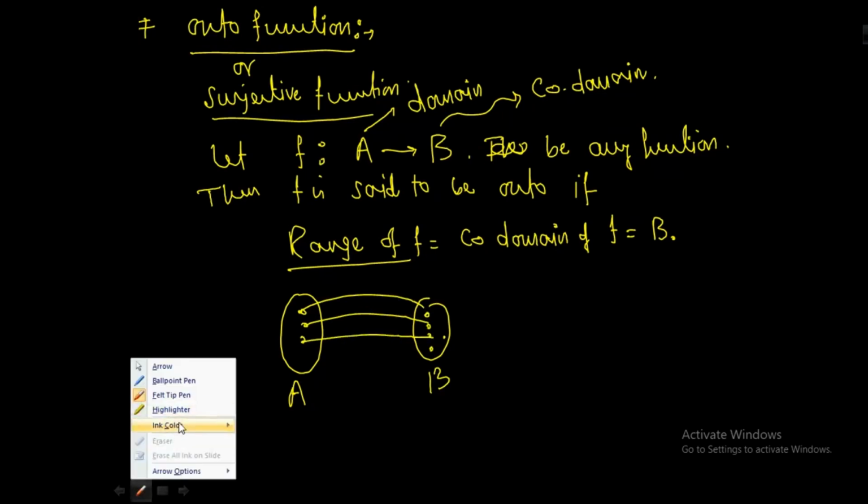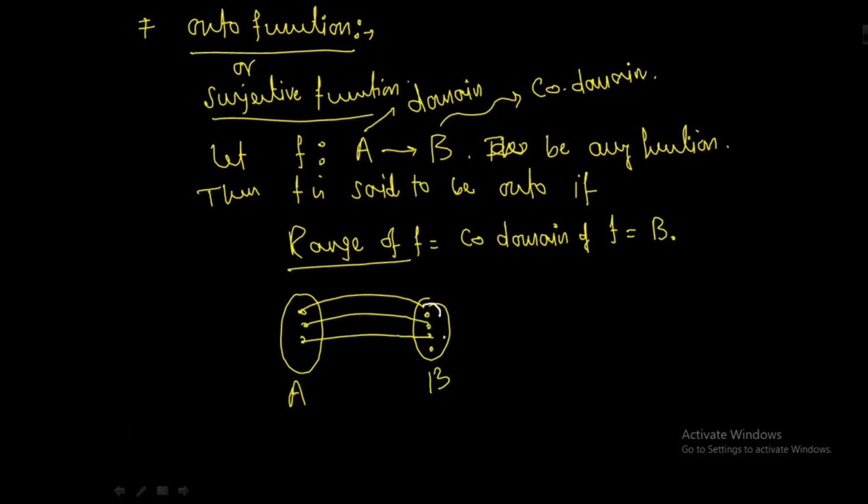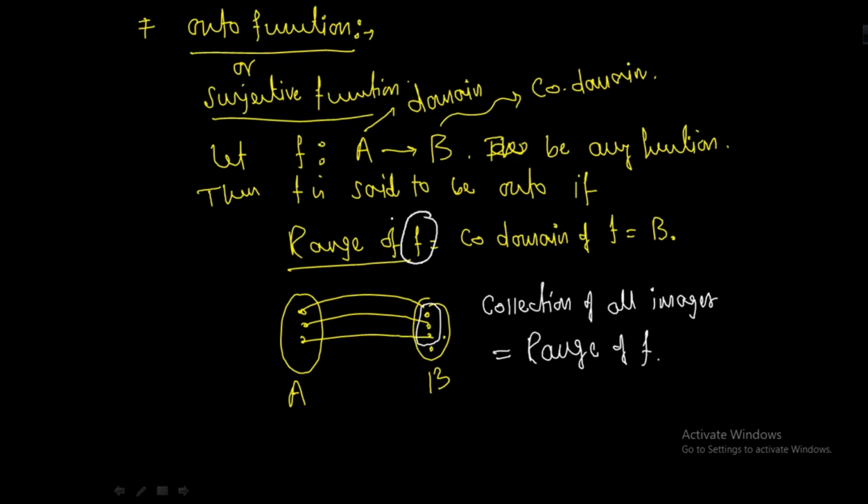So now this particular subset, that means the collection of all images, this is nothing but the range of f. So if f becomes onto, then this range will be equal to this entire codomain.